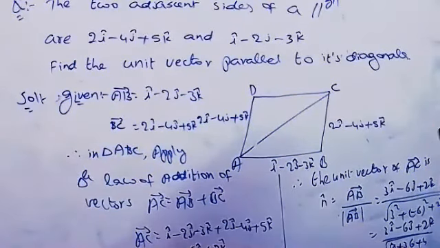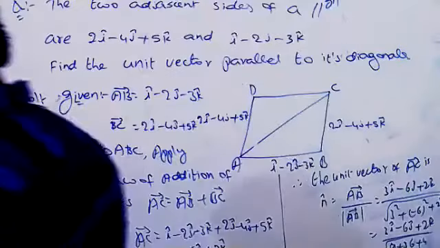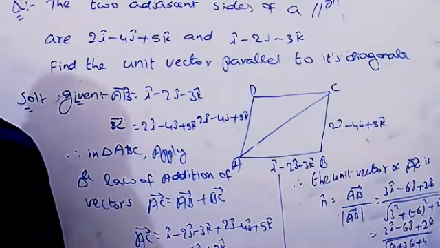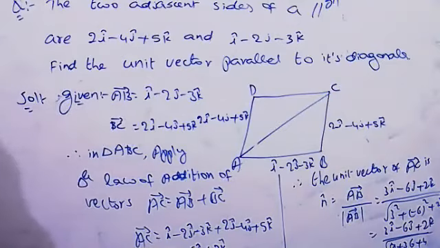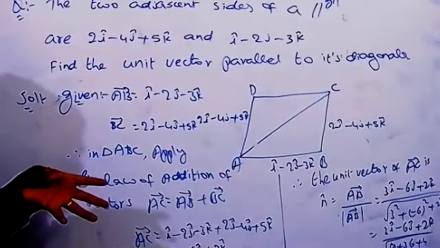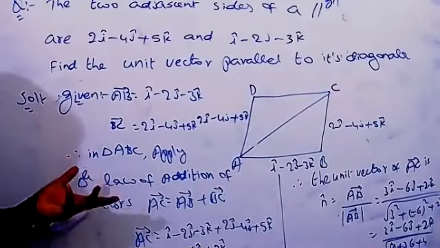Write the answer: 3i minus 6j plus 2k by 7 is the answer. Because last class I gave very clearly that if two vectors are collinear or parallel, both will be the same thing.